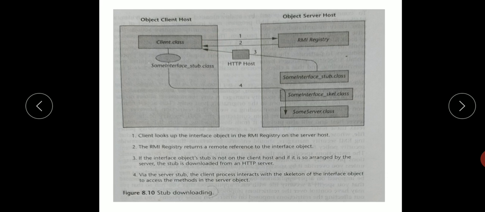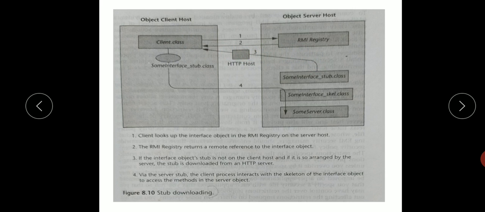The third step is that if the interface object stub is not on the client host, and it is so arranged by the server, the stub is downloaded from the HTTP server. So if the stub is not present on the client host, it is downloaded from the server using HTTP.